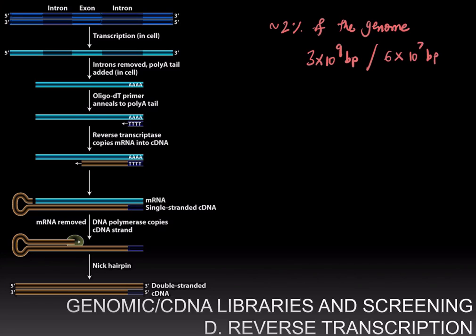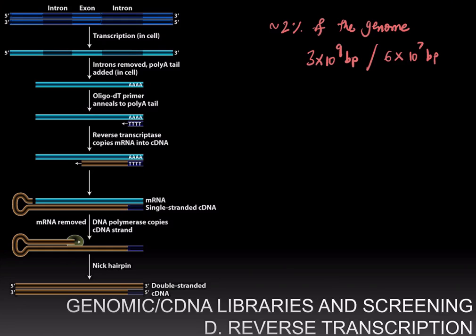So if we could make a library only out of the coding sequences of the genome, then our library would be much smaller, and our job of screening will be made much easier. It would be 50 times easier, because the library would be 50 times smaller.